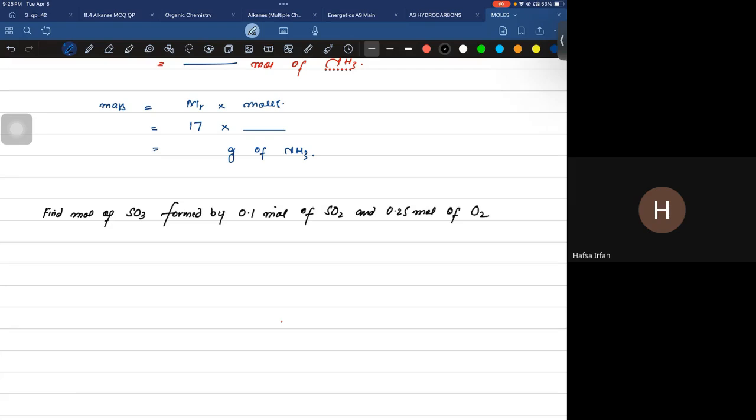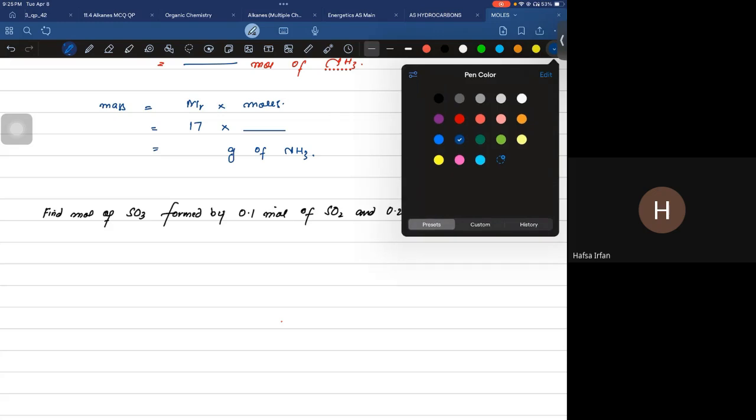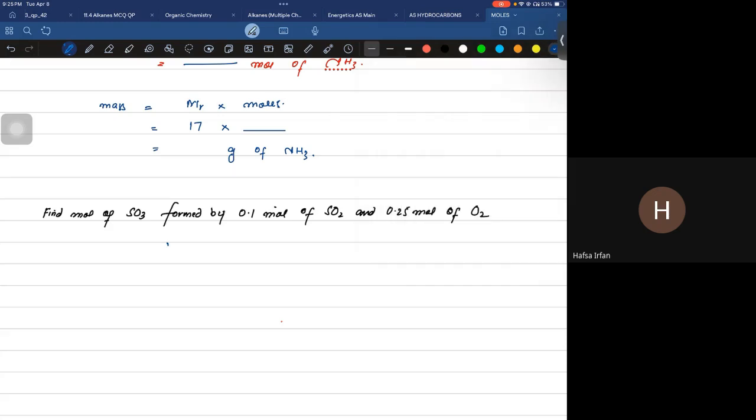So find moles of SO3 formed by 0.1 mole of SO2 and 0.25 mole of oxygen, O2, that is. So this is your equation: 2SO2 plus O2 gives 2SO3.